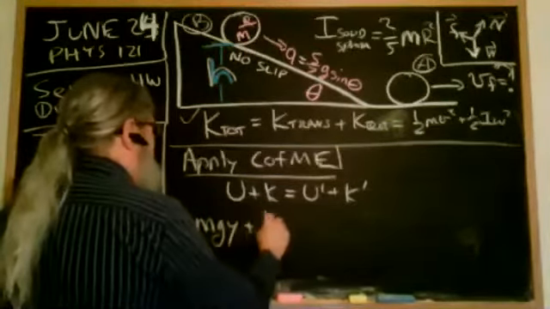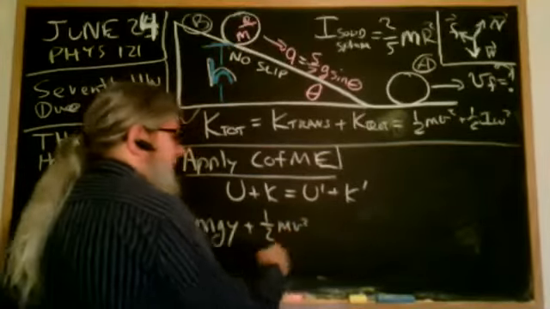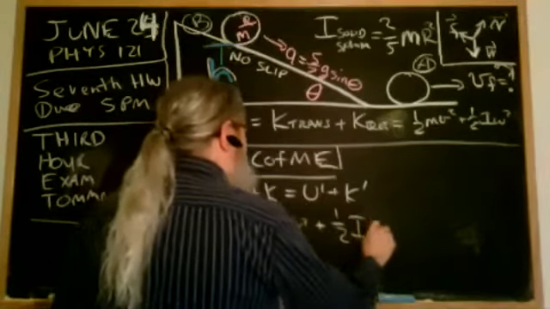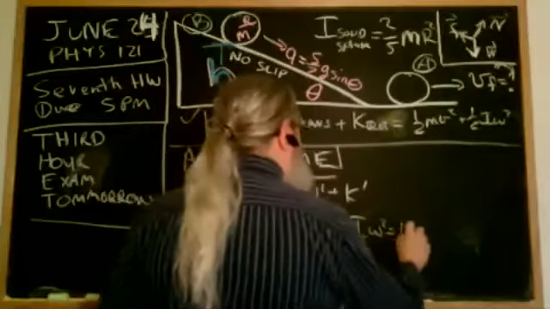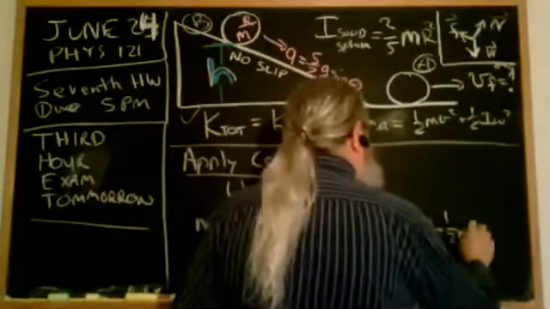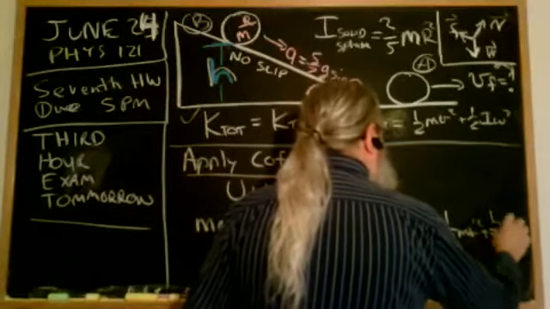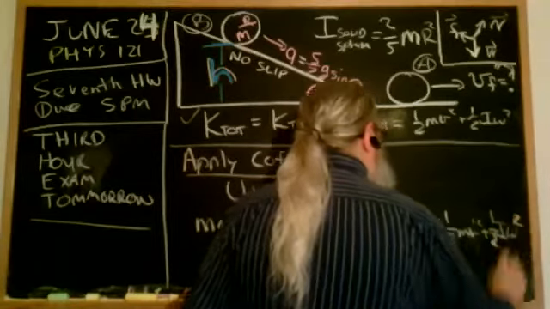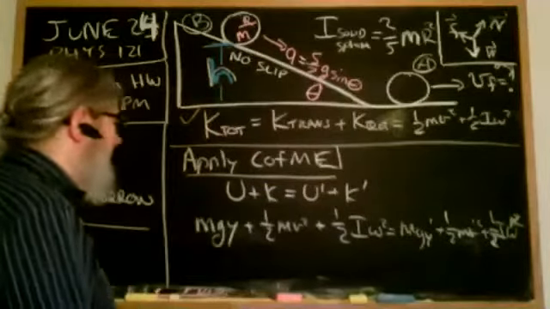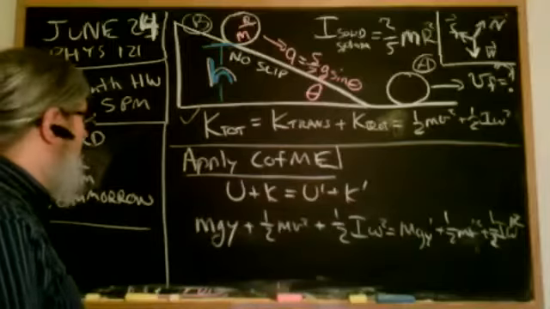K is going to be the total, 1/2 mv squared, plus 1/2 I omega squared, and that's equal to mgy prime plus 1/2 mv prime squared plus 1/2 I omega prime squared.